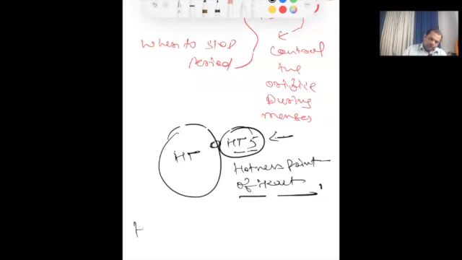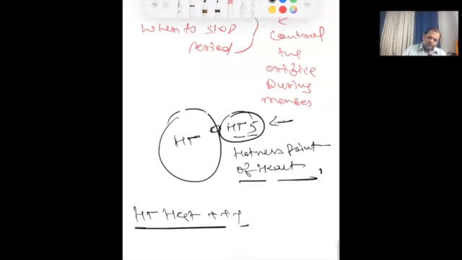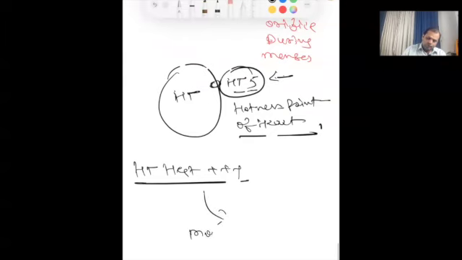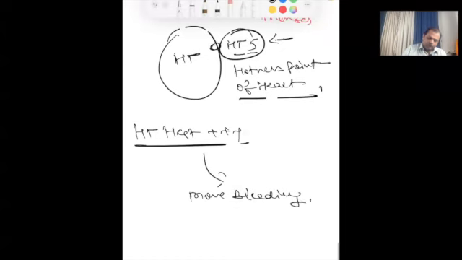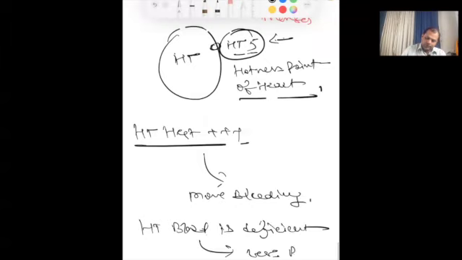If the heart heat is excess, then there will be more bleeding. And if the heart blood is deficient, then there will be less bleeding. So the heart is the organ that decides when to bleed and when to stop.